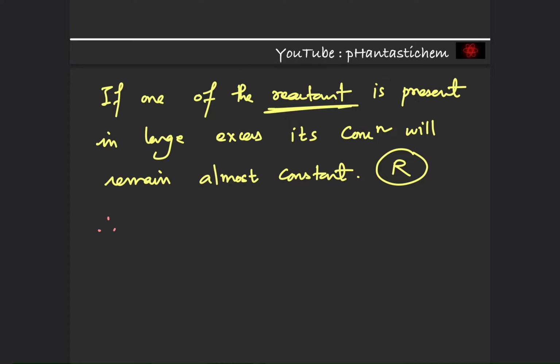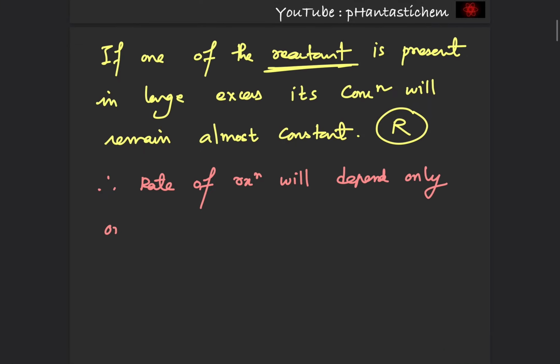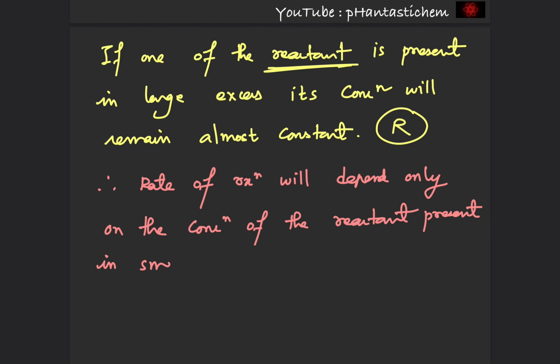So therefore, in such situations, rate of reaction will depend only on the concentration of the reactant present in smaller amount. So that reactant in our case is A, right?